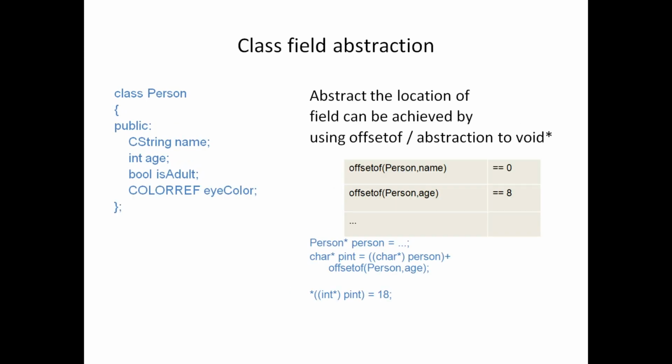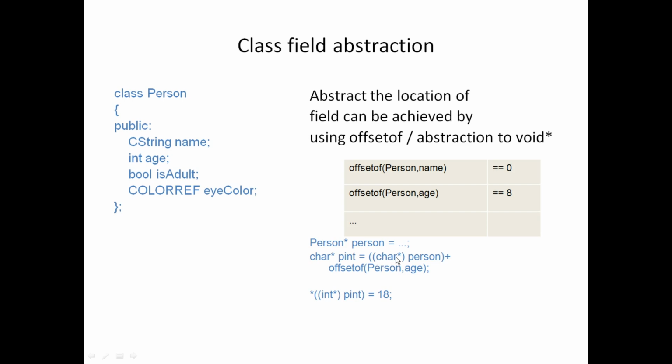If you want to abstract the field position within the class, you need to use a special kind of macro for that purpose. There exists offsetof, which basically defines where that field resides relative to the this pointer. Theoretically you could use this kind of pointer calculation. If you have a person pointer, you could convert it to a char pointer.